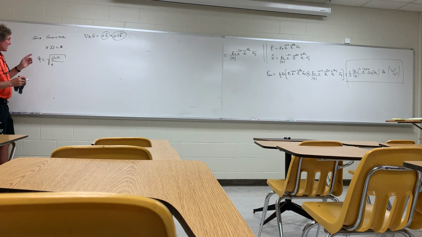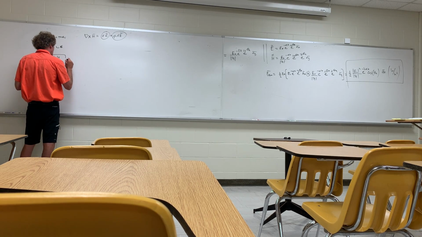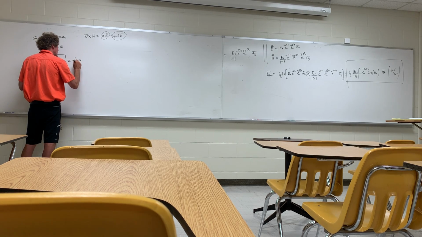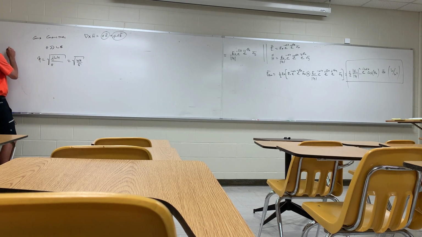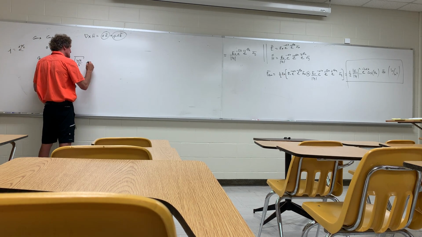Now, eta is really equal to the square root of j omega mu over sigma. But what is j really? j is equal to e to the j pi over 2, or 90 degrees. Y'all with me on this, everybody? If I take the square root of that, it's e to the j pi over 4, or 45 degrees.